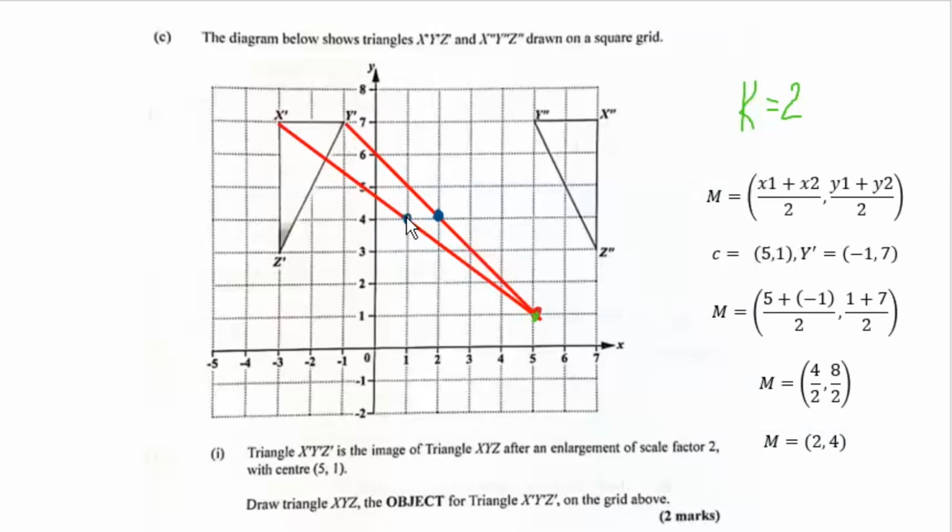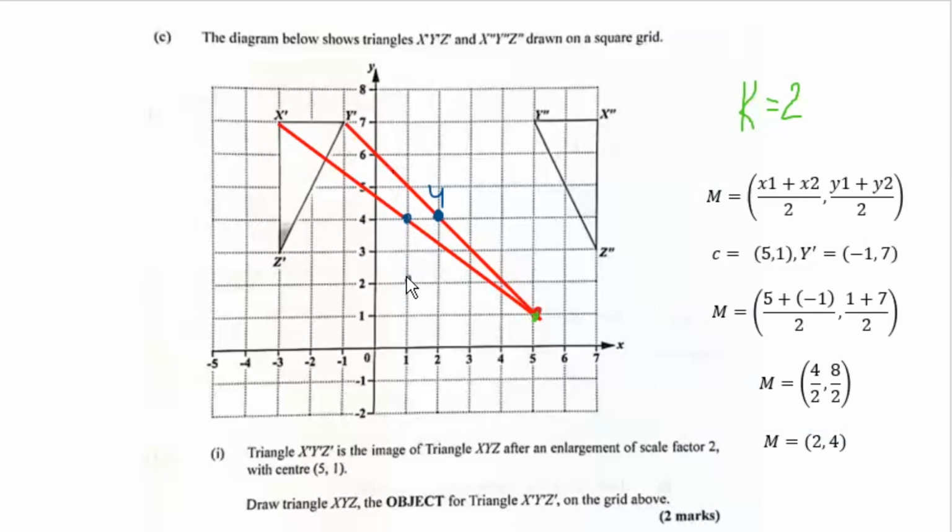So from y to z, it would have only been 1 unit. From x to z, in our image, it is 1, 2, 3, 4 units, which meant that my object only took up 2 units, so it would have been 1, 2.